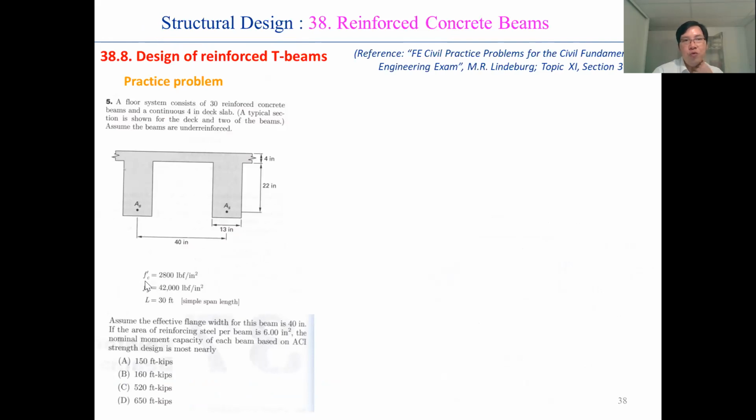Now I show you the second practice problem. You can see the similar problem with the floor system, with the deck slab 4 in and the height 22 inch. And in the problem, they give you the properties of the concrete and the steel and the beam span length.